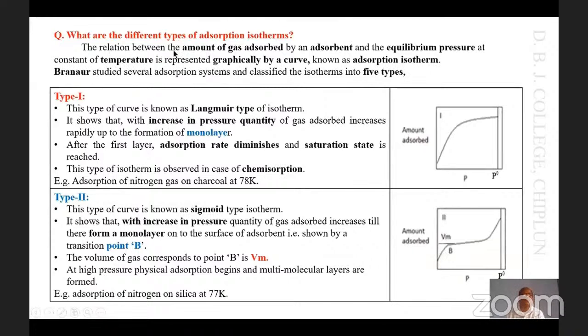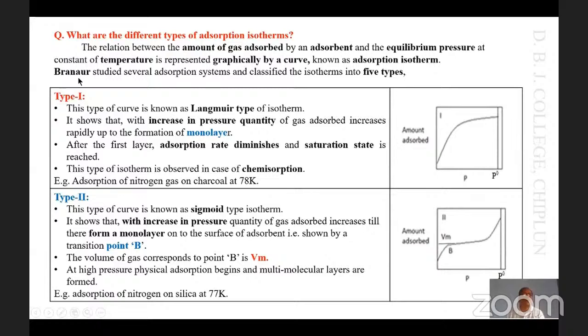The relation between the amount of gas adsorbed by an adsorbent and the equilibrium pressure at constant temperature is represented graphically by a curve known as adsorption isotherm.